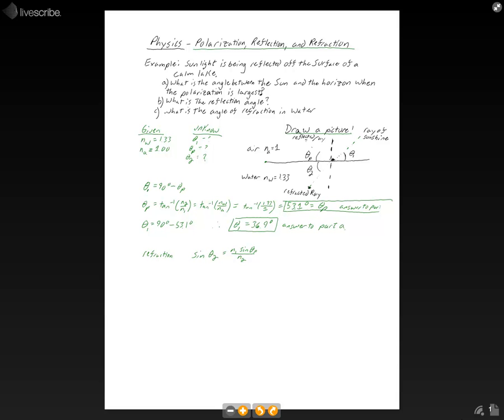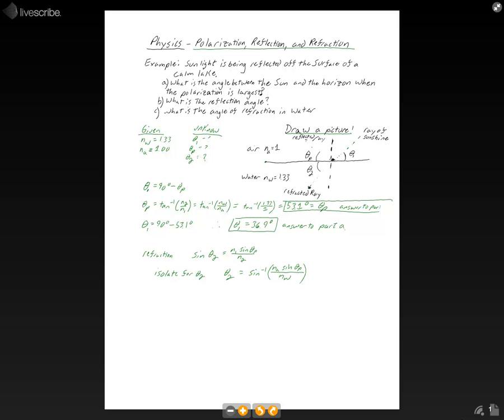So for this problem, we can go ahead and keep it in the form of its variables and go ahead and solve for theta 2. So theta 2 is equal to the sine inverse of N sub air, sine theta p divided by N sub w.